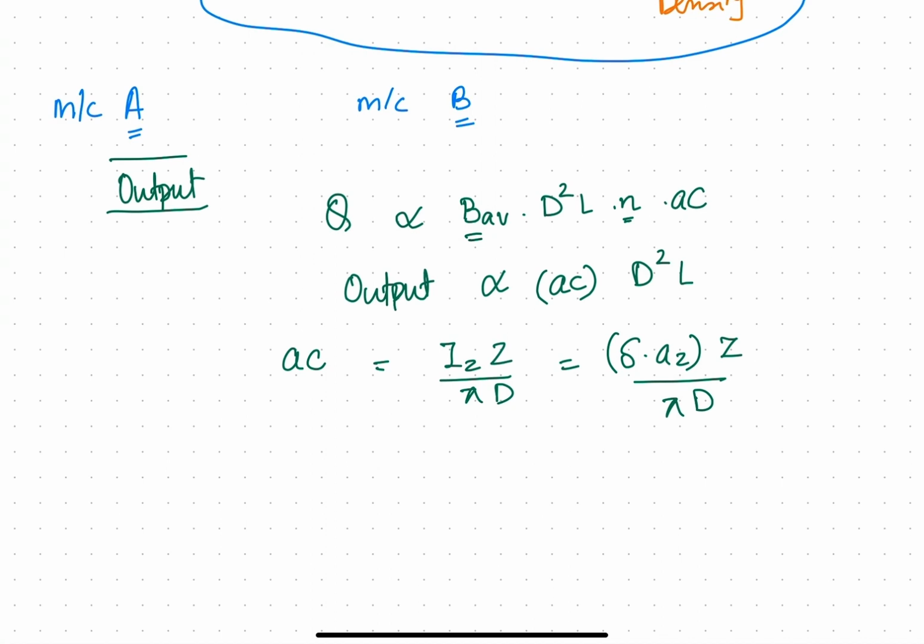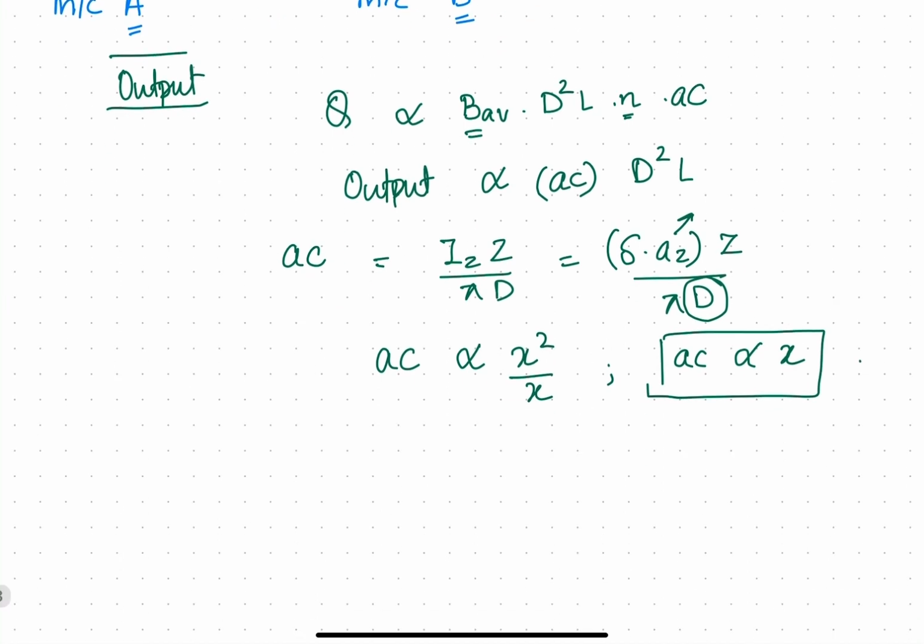Here you see that there is a square of the linear dimension in the area, and there is one in the denominator, two powers in the numerator and one power in the denominator. So what happens, we can say that AC is directly proportional to x square over x, or we can say that AC is directly proportional to x, the change in the linear dimension.